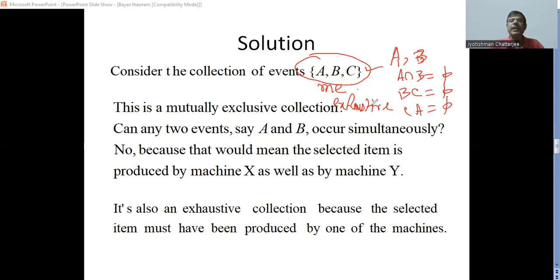So the precondition of Bayes theorem is true here. Bayes theorem we can only apply when a certain precondition holds, namely B1 to Bn is a collection of mutually exclusive and exhaustive events. So that precondition is holding here.